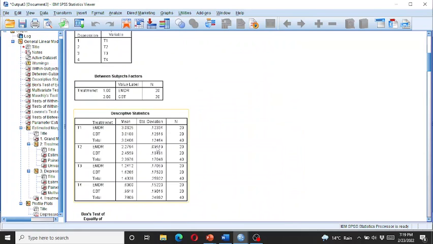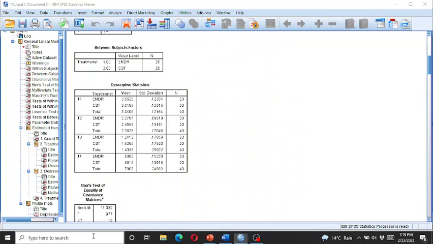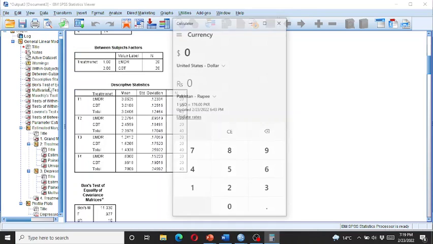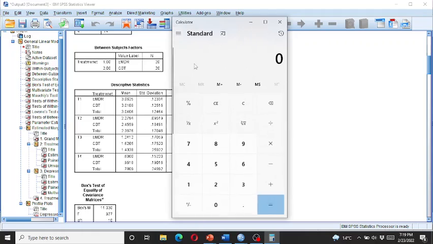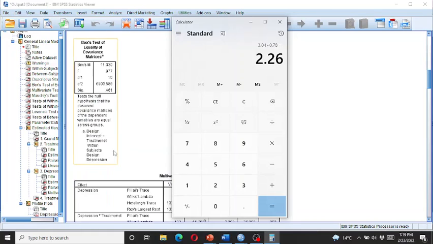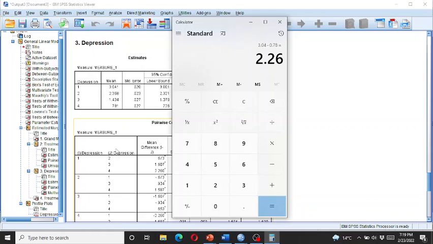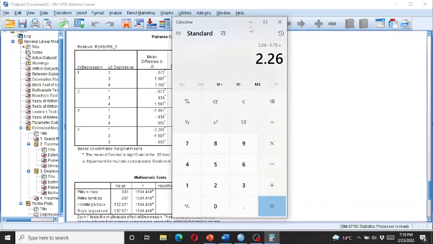You can also do it manually: go to the calculator and subtract 0.780 from 3.04, and you get 2.26, which is what SPSS has already calculated.